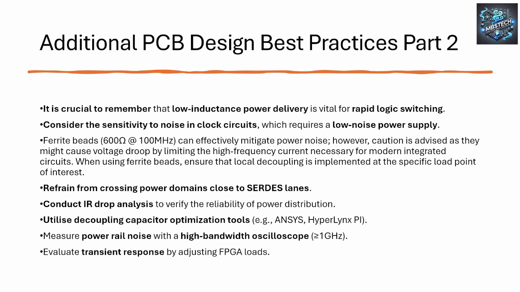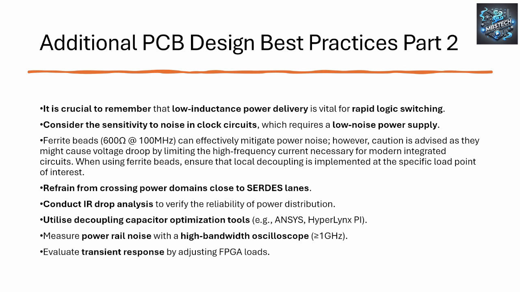It's crucial to remember that low inductance power delivery is vital for rapid logic switching. The rapid logic switching, it's trying to suck the current as fast as it can into its own local PDN to maintain that voltage level. Consider the sensitivity to noise in clock circuits requires low noise power supplies, which gets us onto ferrite beads.